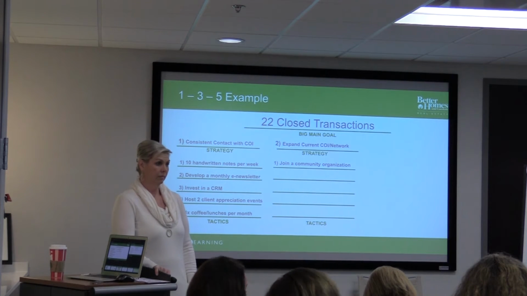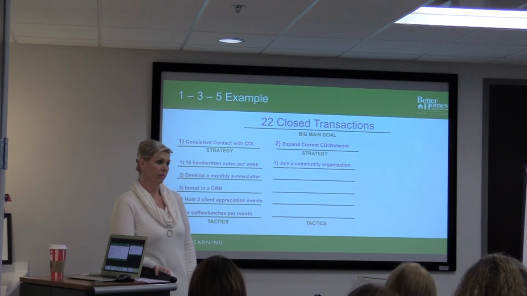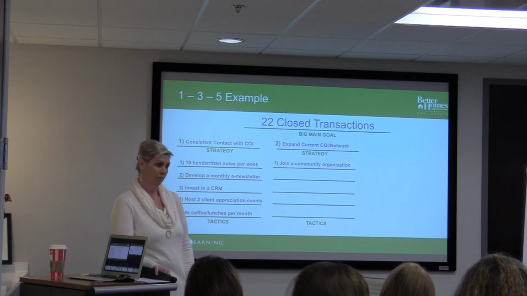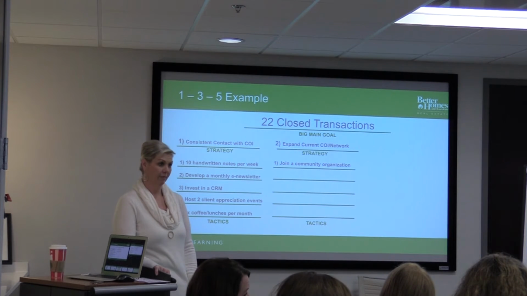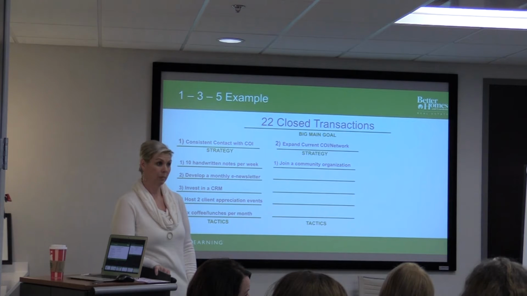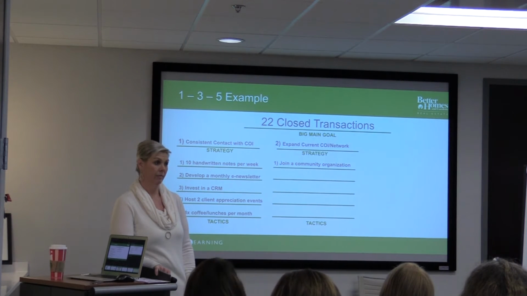But expanding my current COI, I think, is going to be less about, I want to add another 50 people. I maybe only want to add 5 to 10, but I want to make sure that I meet 5 to 10 people that are really connected, that are go-getters, that are going to send my name out. I started to do a little bit of that last year.